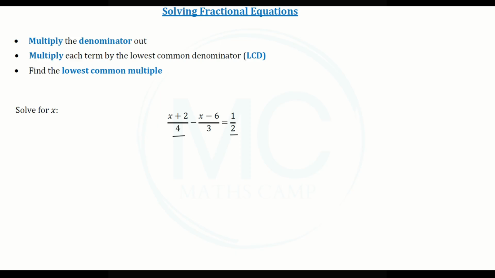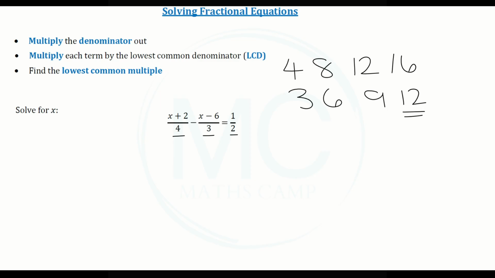Let's look at the multiples of 4 and 3. We have 4, 8, 12, and 16. Multiples of 3: 3, 6, 9, and 12. 12 is the common multiple of 4 and 3, and we can find it by multiplying 4 and 3 together.